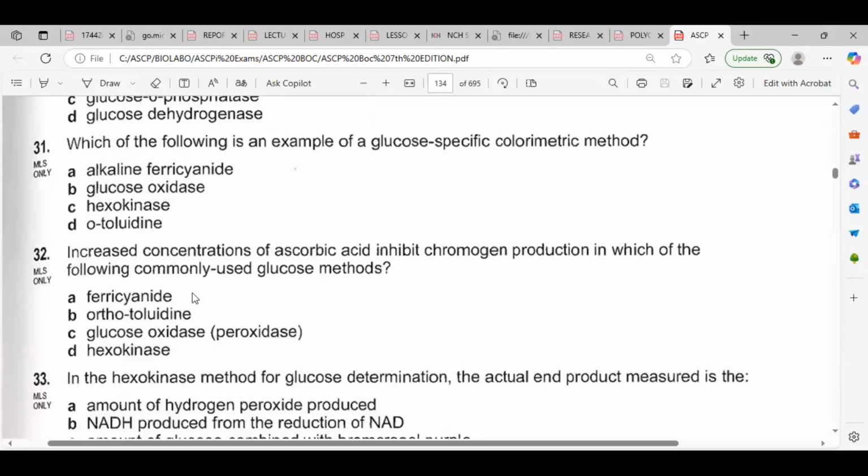And then the product which is formed is colored, right? No, it is not colored. The product which is formed is gluconic acid. That peroxide will convert a chromogen, which is colorless, to a colored compound.